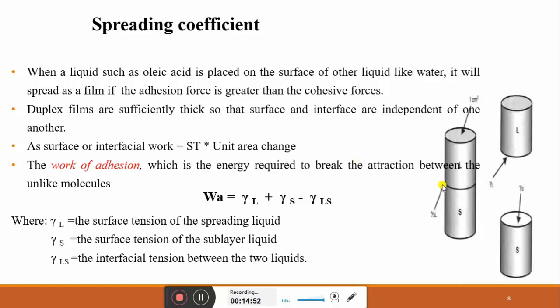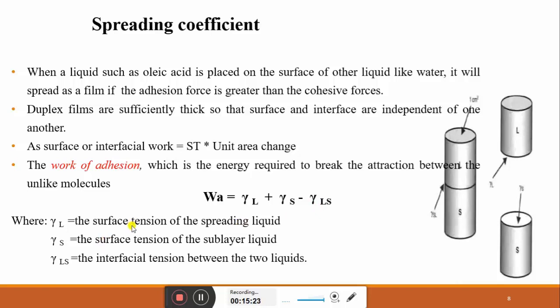Since surface or interfacial work, delta W, is equal to surface tension multiplied by unit area change, if we consider the cross-sectional area of the cylinder as 1 centimeter square, this term will be 1. So work of adhesion is equal to gamma L plus gamma S minus gamma LS.